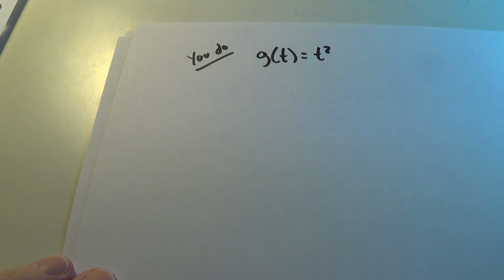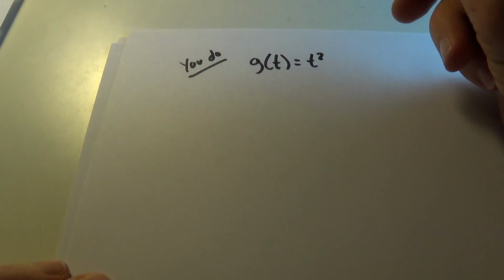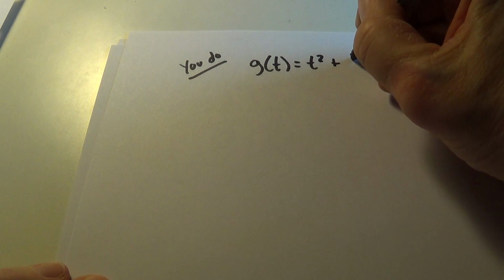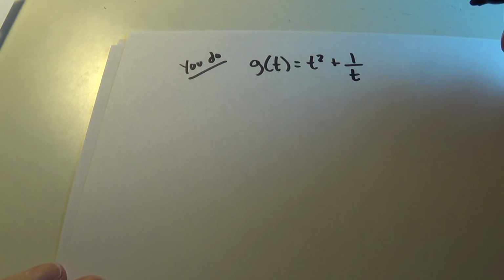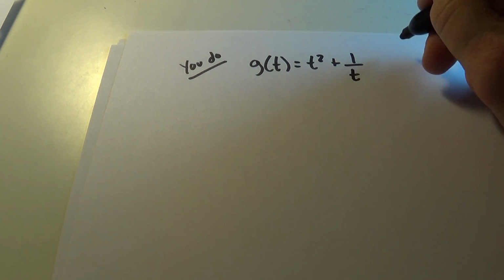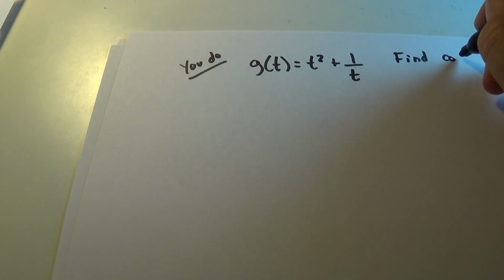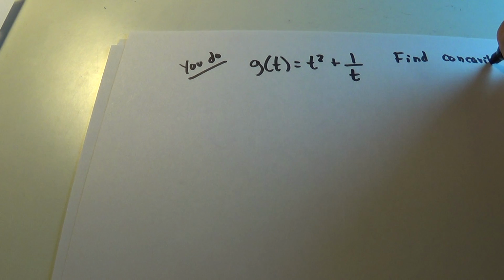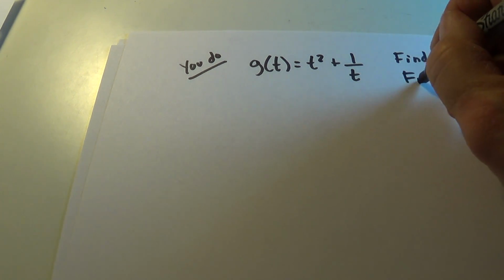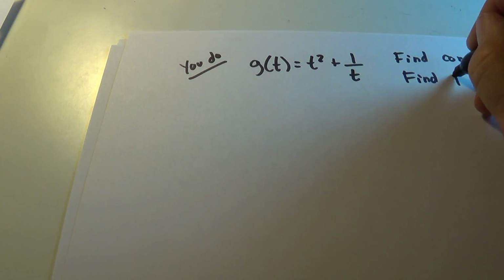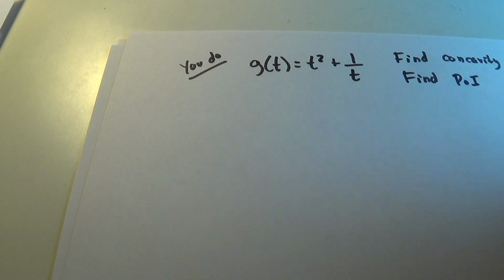And the you do is g of t equals t squared plus 1 over t. And the directions are the same. I want you to find the intervals of concavity and find any POI, points of inflection.